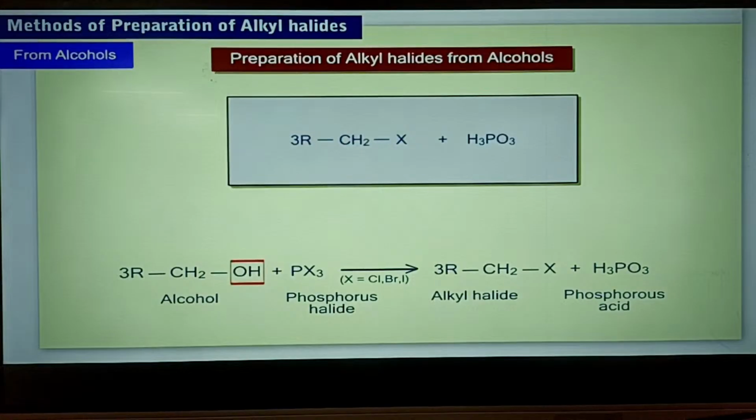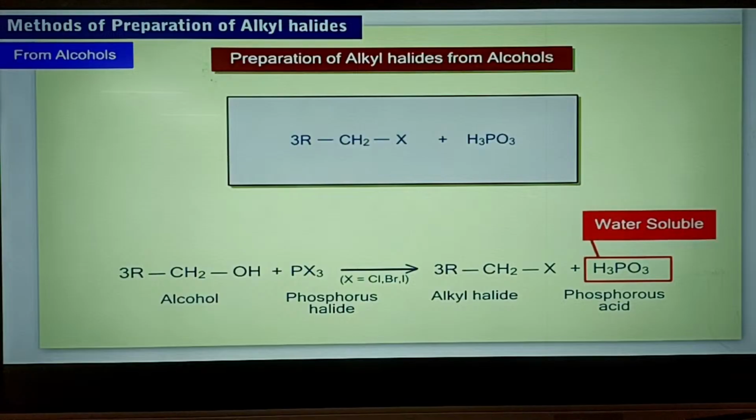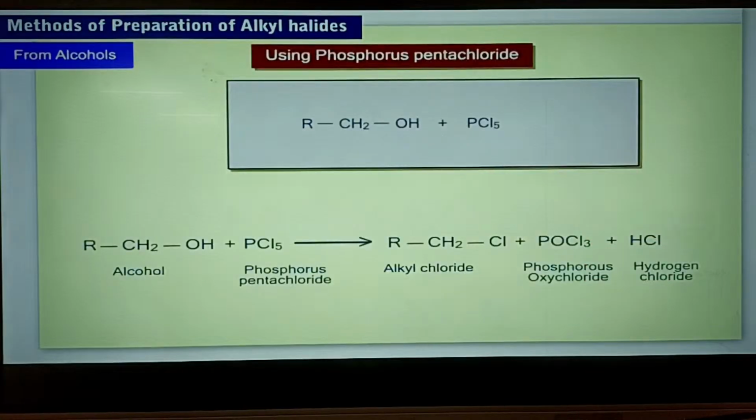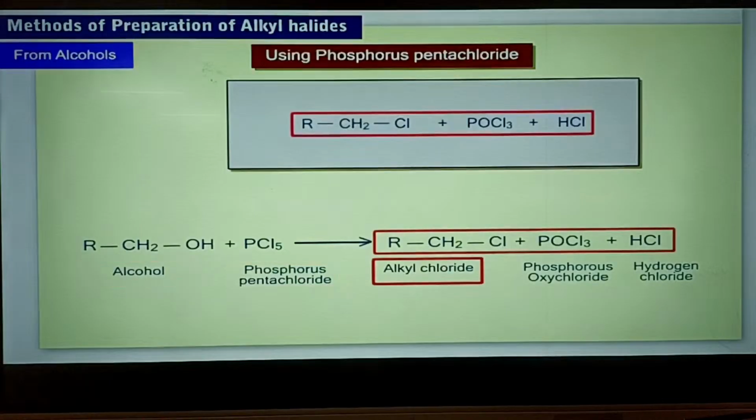Note that the hydroxyl group is substituted with the halogen atom. The other product of the reaction, phosphorus acid, is water-soluble and can be removed by washing the alkyl halide with water. The variation of this same basic approach uses phosphorus pentachloride to convert an alcohol into an alkyl chloride.